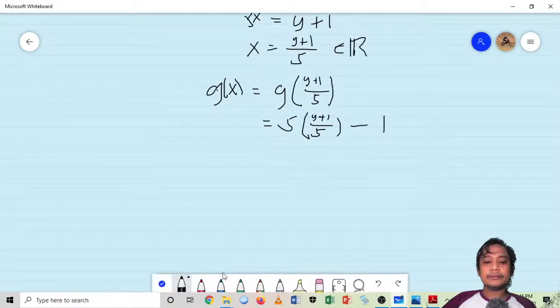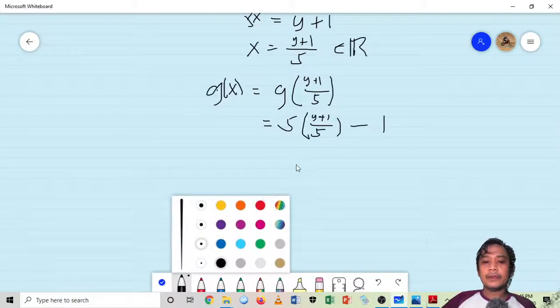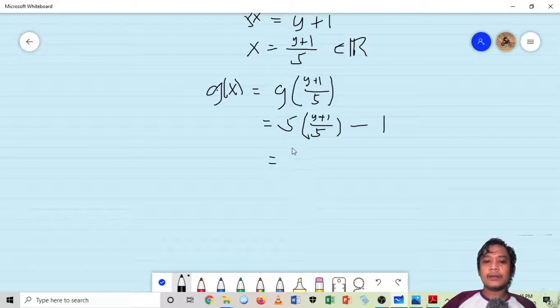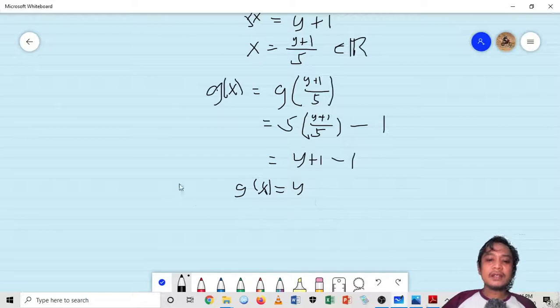And then 5 over 5 is 1 times Y plus 1 will just be Y plus 1. Then bring down minus 1. 1 minus 1 is 0. Y plus 0 is Y. So we see that if X is this value, then its image would be Y. Meaning whatever Y is, there is always an element in the domain for which Y is the image.